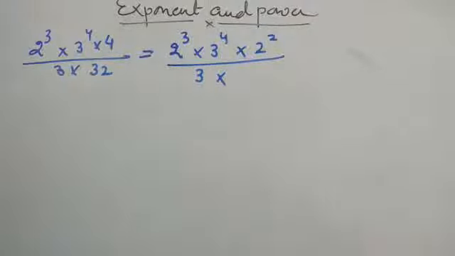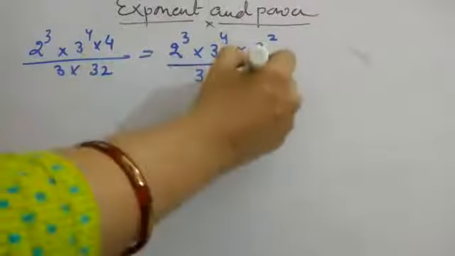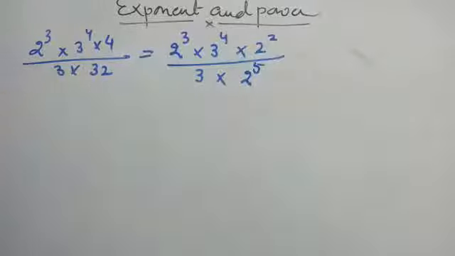2 2s are 4, 2s are 8, 2s are 16, 2s are 32. So 32 can be written as 2 to the power 5. You can check it again: 2 2s are 4, 2s are 8, 2s are 16, 2s are 32.